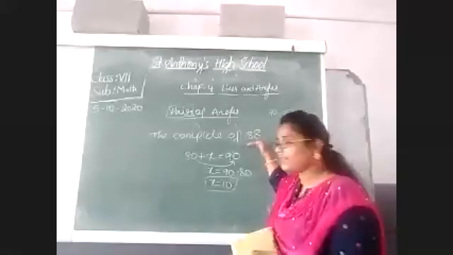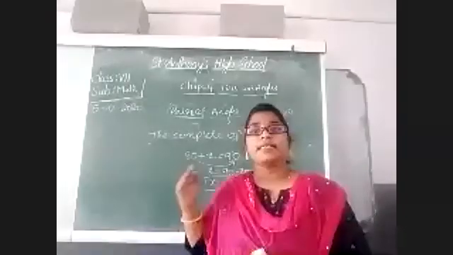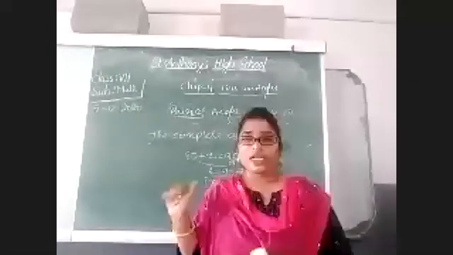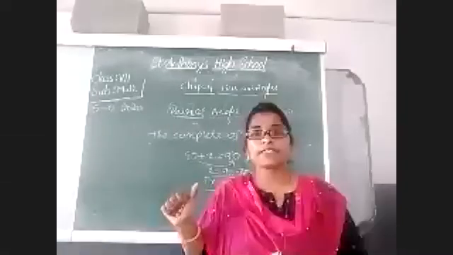The complement of 10 is 80. I think you understand very clearly: when the sum of two angles is 90 degrees, then the angles are said to be complementary angles. Clear? Is it clear to all of you? Shall we move to the exercise based on these concepts?